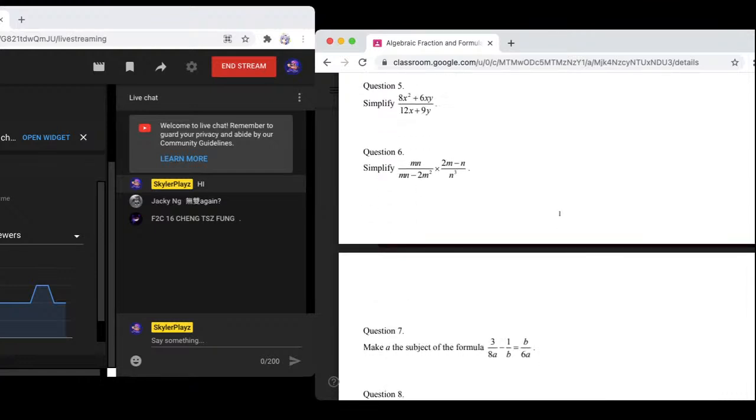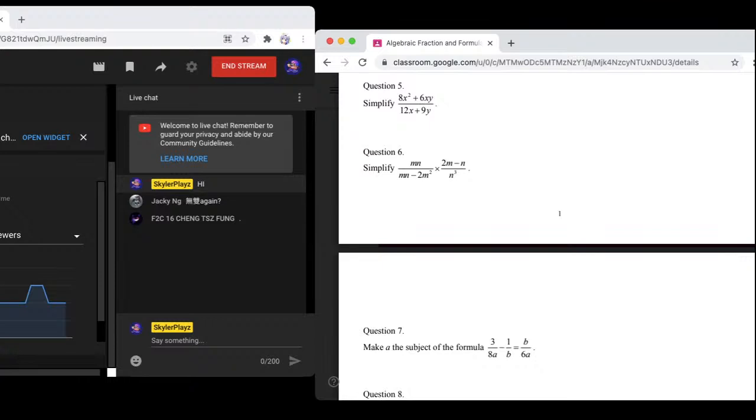26. Okay. mn divided by mn minus 2m squared. So 2m minus n. And then it seems deja vu. I've seen it before. Why are there so many questions that I've seen before? mn, we factor out minus m and 2m minus n for convenience.